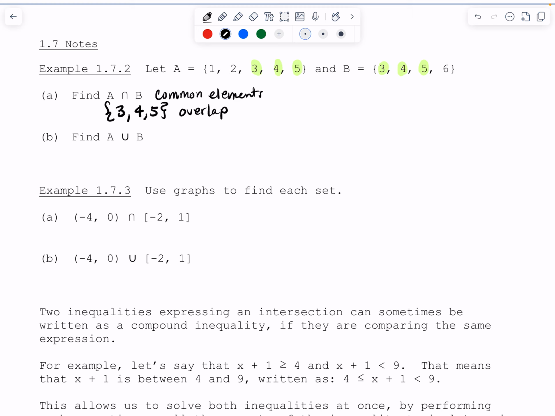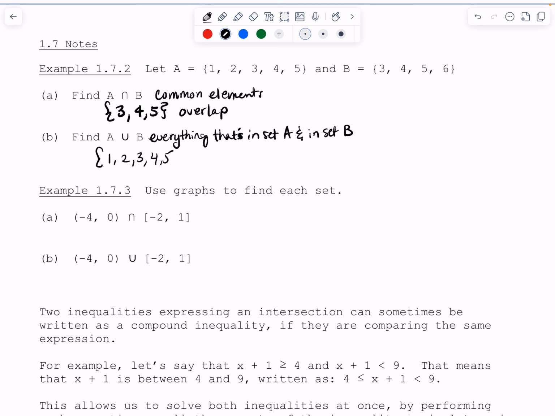Find A union B. Okay. So A union B means A or B. So I'm looking for everything. So I'm going to include everything that's in set A and in set B. Okay, so in set A, I have 1, 2, 3, 4, 5.